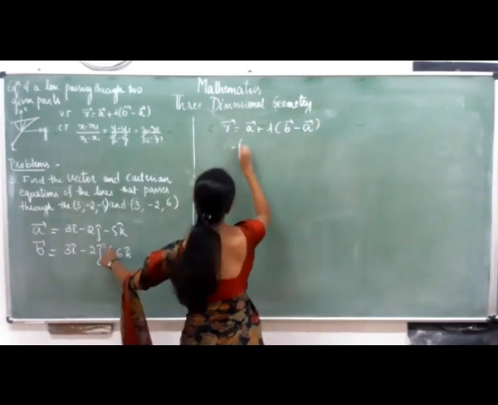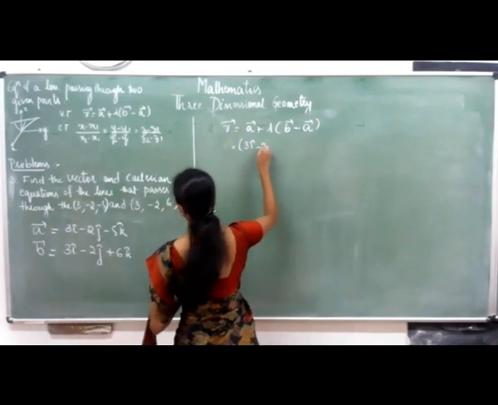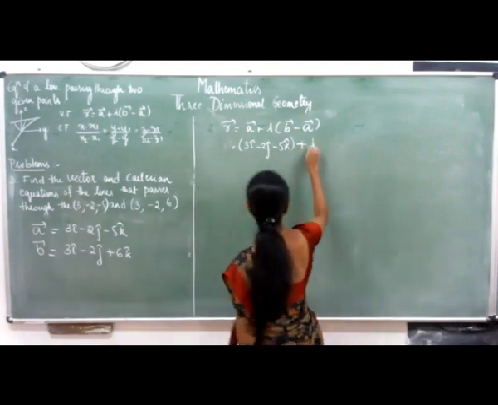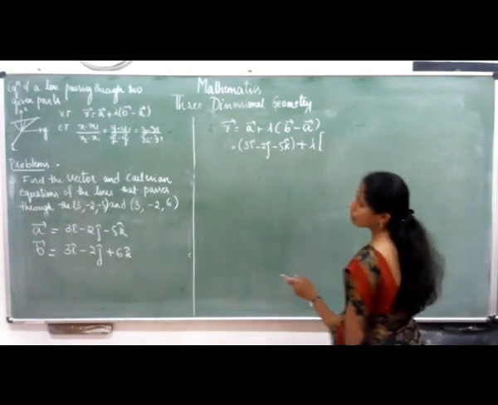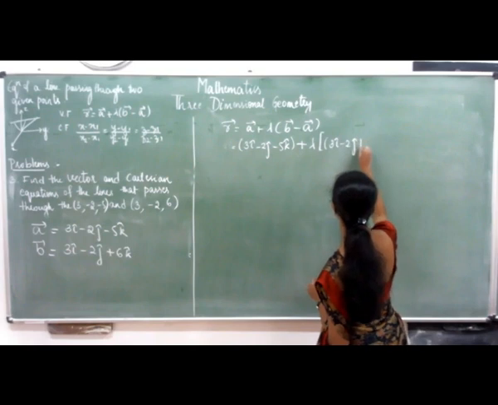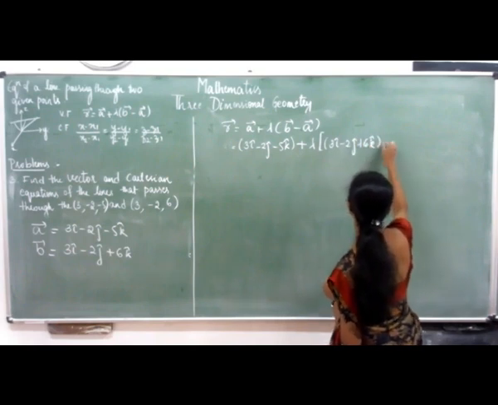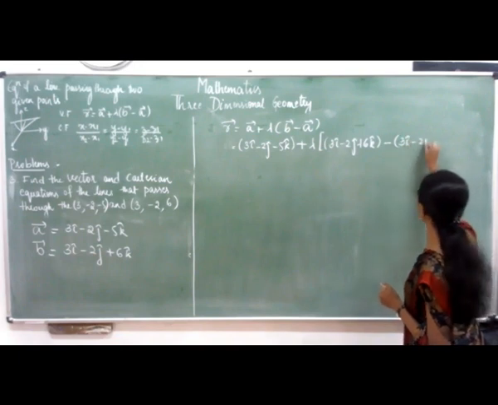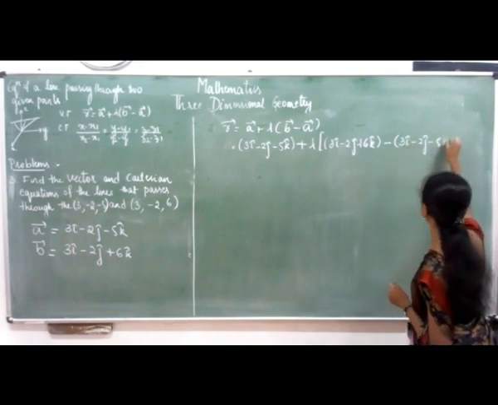So vector A, which is 3 i cap minus 2 j cap minus 5 k cap, plus lambda into (vector B, which is 3 i cap minus 2 j cap plus 6 k cap, minus vector A, which is 3 i cap minus 2 j cap minus 5 k cap).